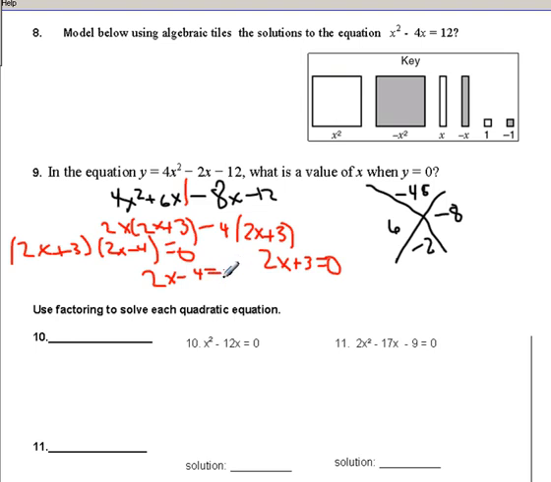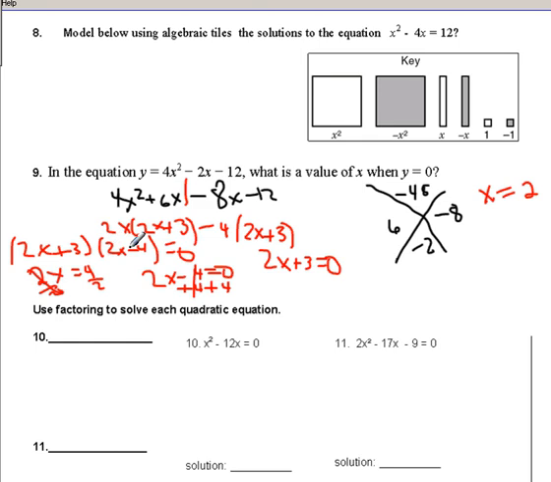And so to solve this, you just add 4 to both sides, and you get 2x equals 4. I'm kind of out of room here, so I'm going to go over here. And then divide both sides by 2, and you get 2. And that's what would happen if we found the GCF. We would get x minus 2 equals 0, and we get x equals 2. So either way, one answer is x equals 2.